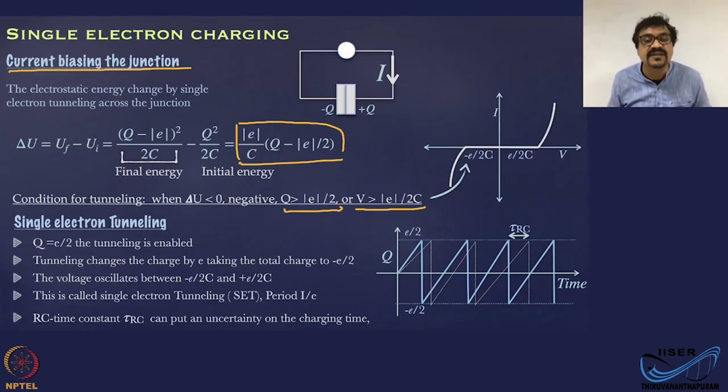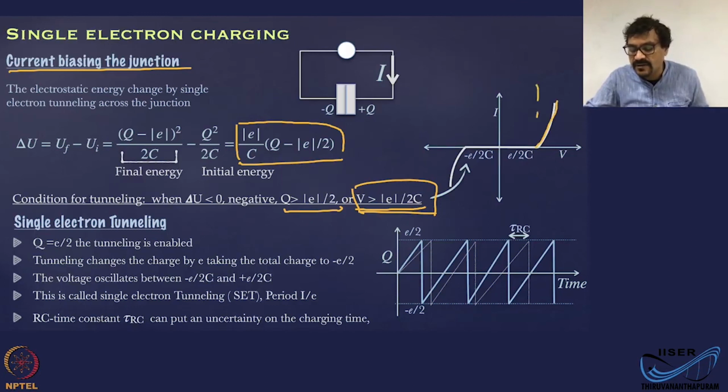So these are single electron charging processes, because you have now a small junction with a very small capacitance which enforces the voltage requirement given by this. Okay, E by 2C. Or the current runs through the system only when this applied voltage is E by 2C or minus E by 2C in the negative direction.